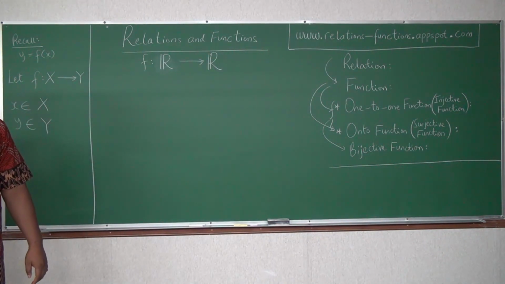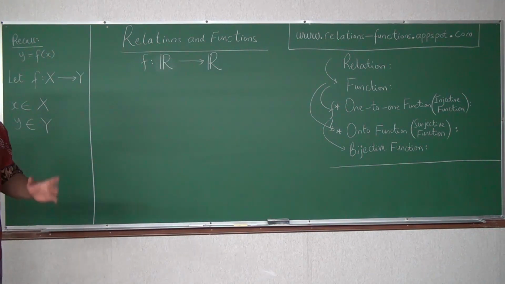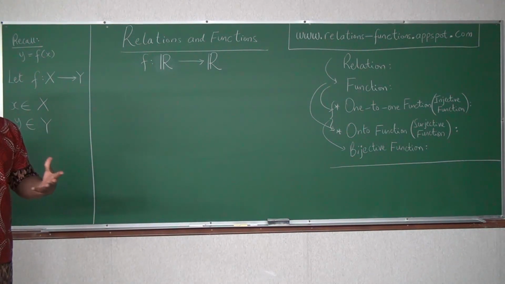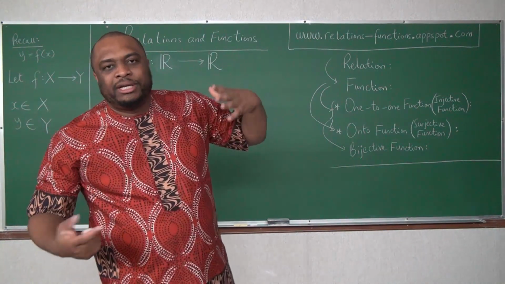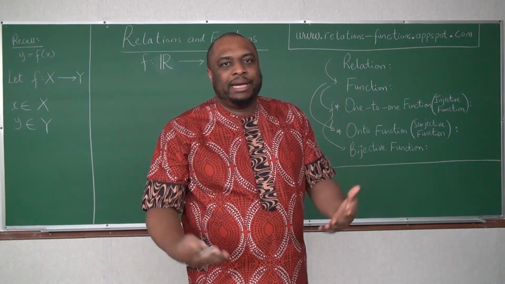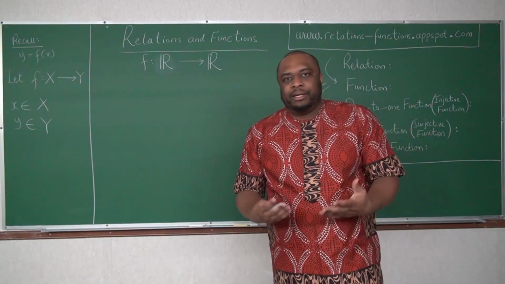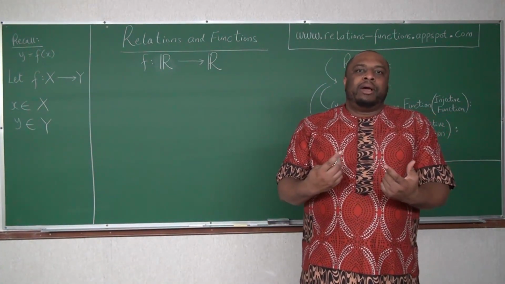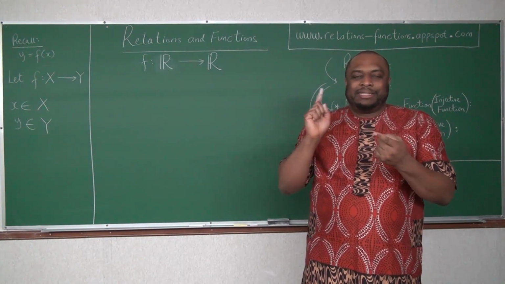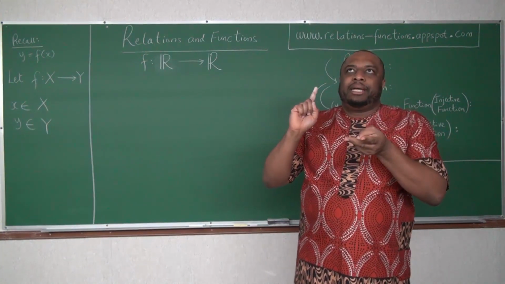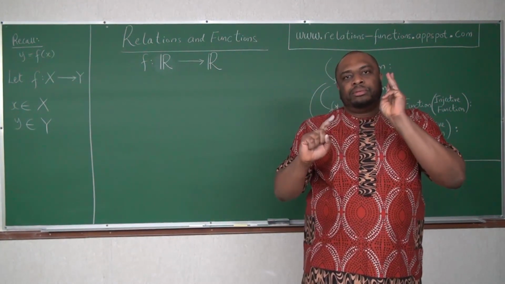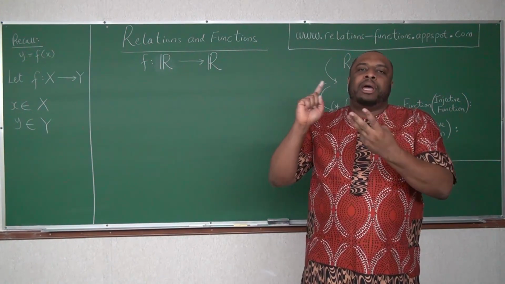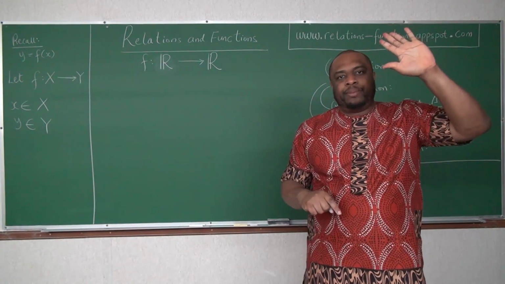For this video we shall be using mapping or correspondence. Remember in the first video we talked about the ways you can represent relations, and we listed 5 ways: as a set, as a mapping or correspondence, as a rule or equation, as a graph, and as a table.